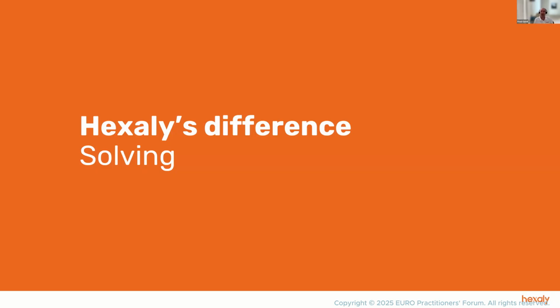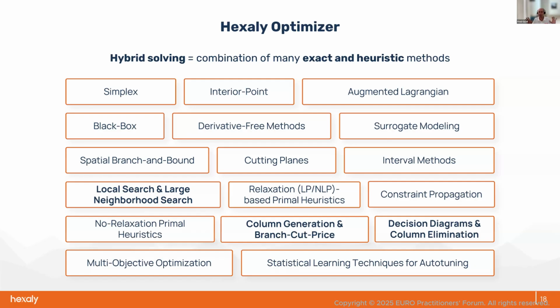In terms of solving, we have a combination of many exact and heuristic methods. It's also what is possible with this very broad modeling API. We have very high level models, and we can, in the backend, implement a lot of techniques. So we have the techniques you have in MILP solvers, CP solvers, MINLP solvers: spatial branch and bound, constraint propagation.